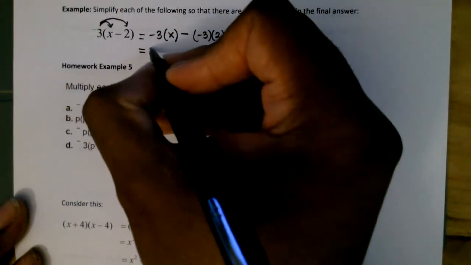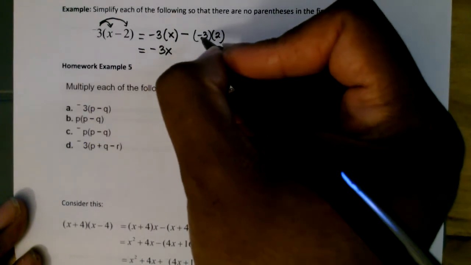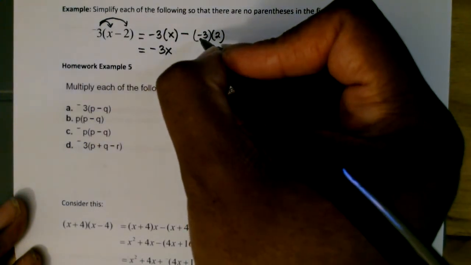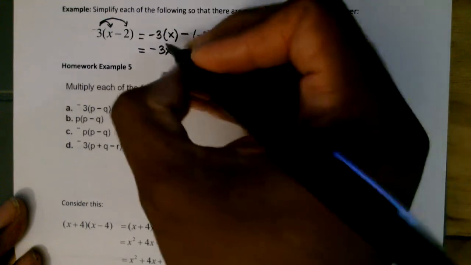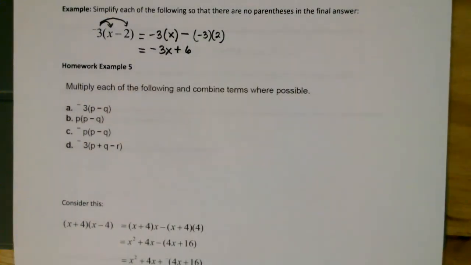Well, -3 times x, that's -3x. Now, the minus of -3 will make that a plus. So that'd be 3 times 2, which would be plus 6. So I'm going to end up with -3x plus 6 as the final answer.